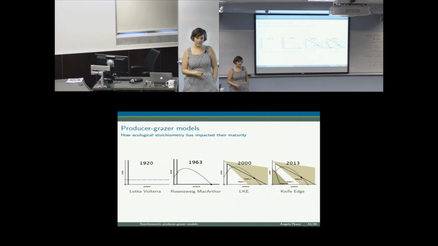Now, introducing these knife edge models, we've changed these nullclines again. You can see the grazer nullcline has an additional bend, dividing the phase space into 3 regions. This middle region is where growth is limited by food quantity, and now 2 regions where growth is limited by food quality. This one up here, growth is limited because phosphorus is limiting. This one down here, growth is limited because phosphorus is in excess.